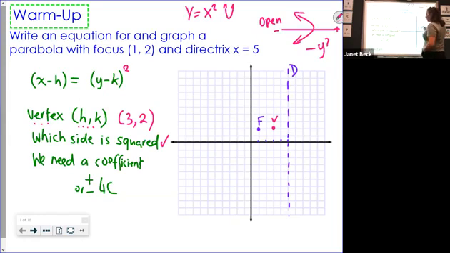I know my coefficient is going to be negative, and I know it's going to be 4c, but I don't know how big 4c is.